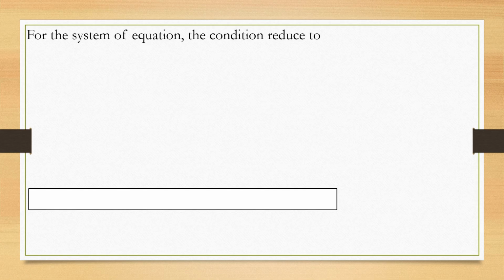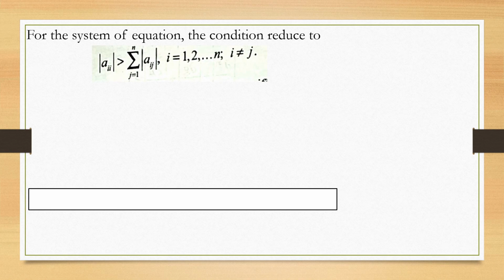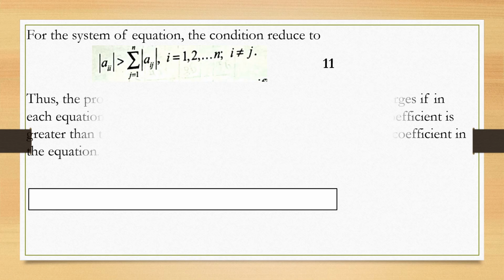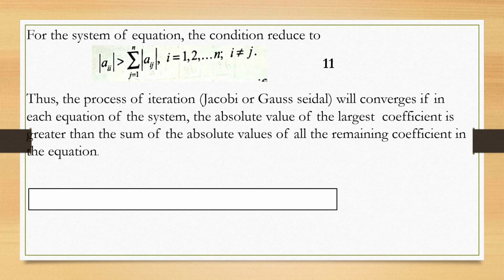For the system of n equations, the condition reduces to this relation: the absolute value of aii is greater than the sum of |aij|, where j varies from 1 to n and i is not equal to j. Thus, the process of iterations, Jacobi or Gauss-Seidel, will converge if in each equation of the system the absolute value of the largest coefficient is greater than the sum of the absolute values of all remaining coefficients in the equation.